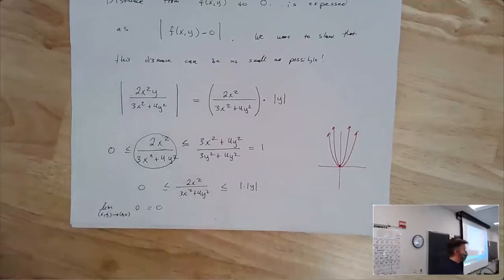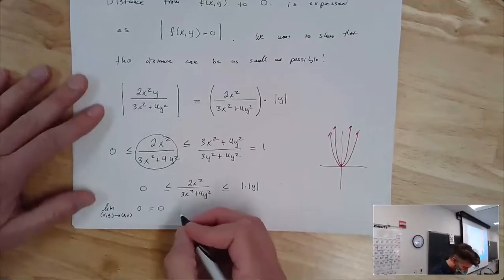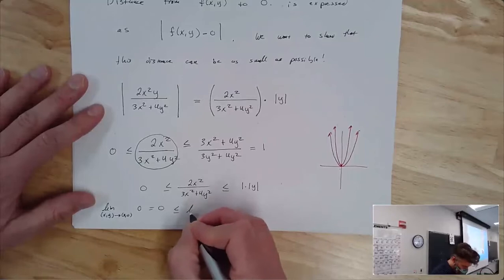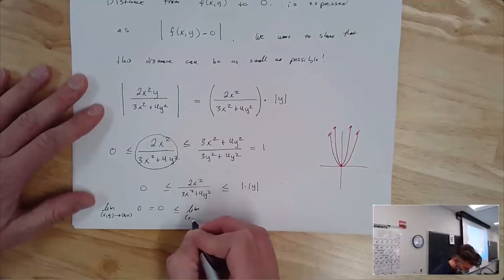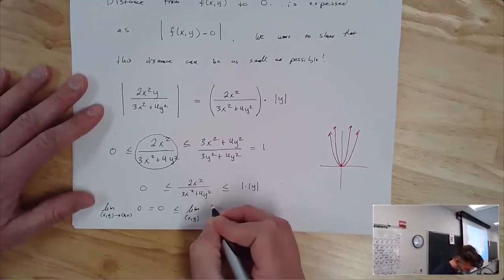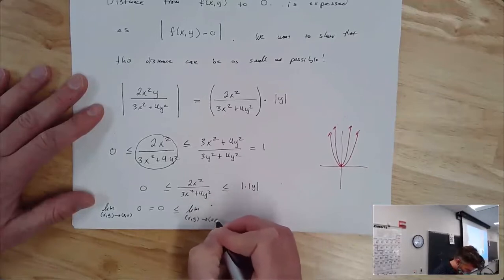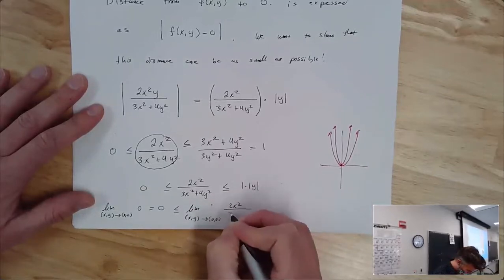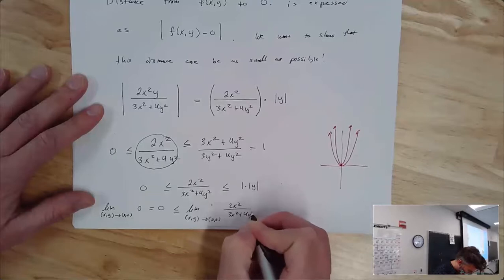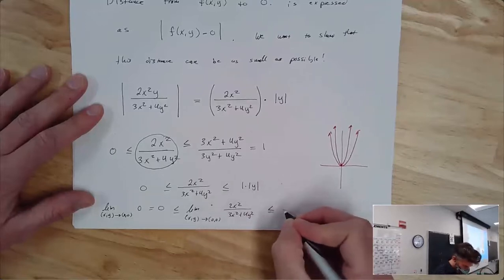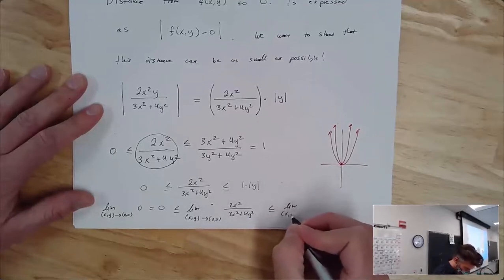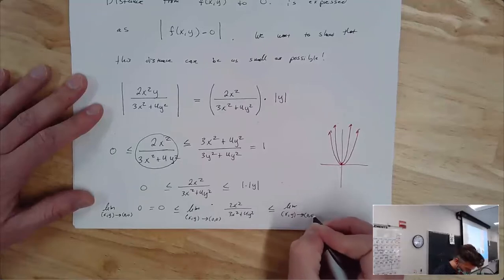Right, the limit of a constant is just the constant. That's going to be less than or equal to the limit of this part. And that's going to be less than or equal to the limit as x, y approaches 0, 0 of this part.